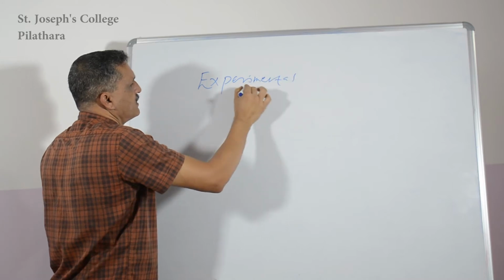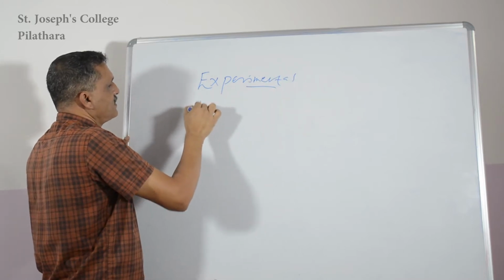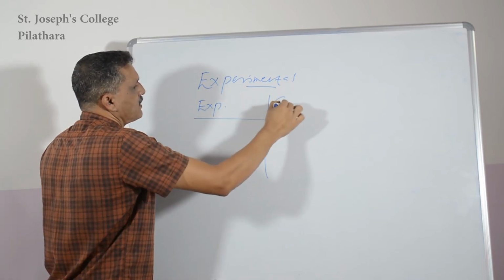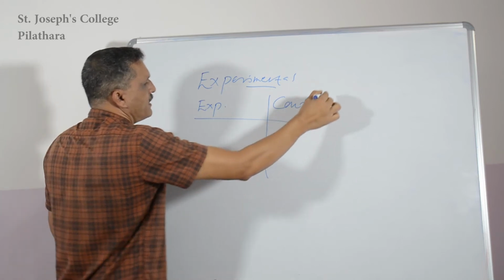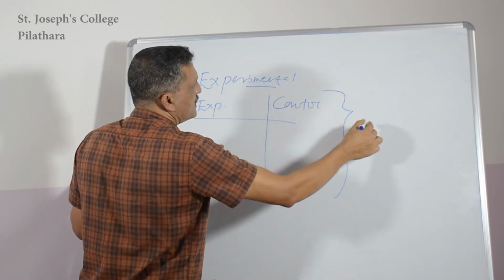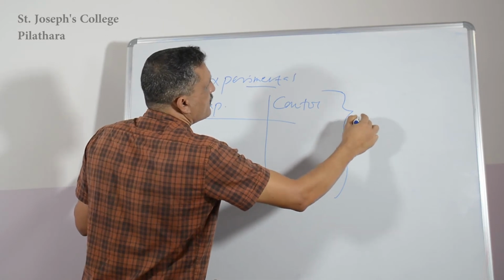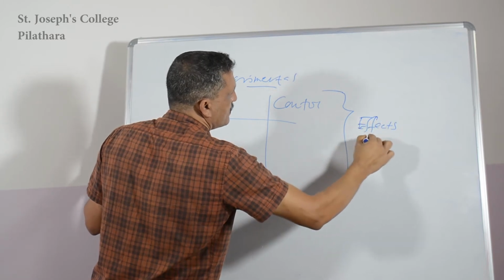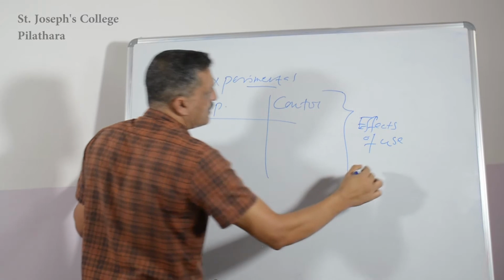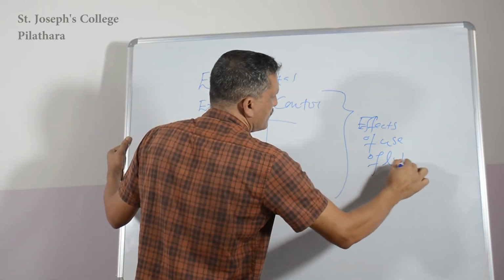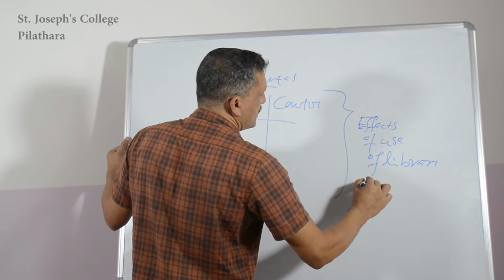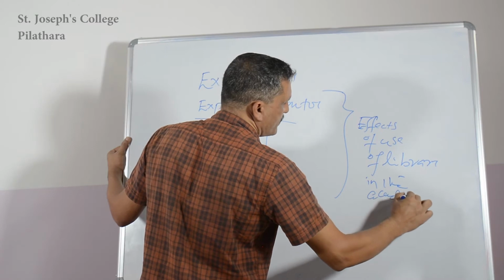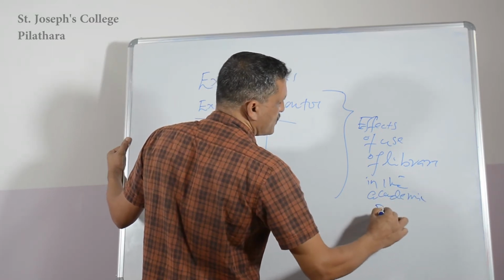In this experimental method of research, here we have the experimental group, and here we have the control group, and what we want to test is the effects of the use of the library on the academic performance of students.